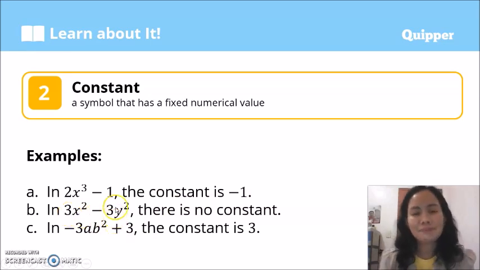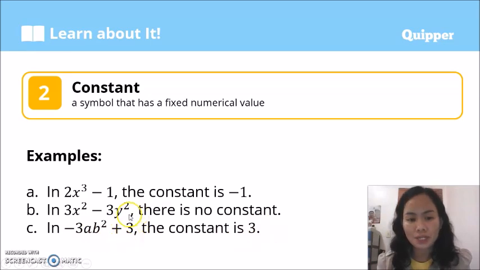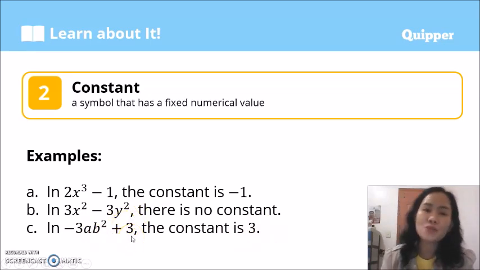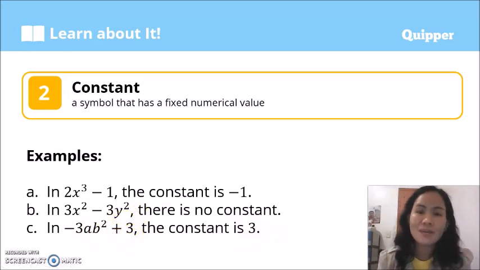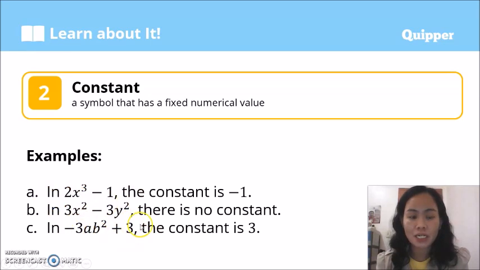Mamaya din yan. So in this particular example, we can say that there is no constant term. In negative 3ab squared plus 3, the constant is 3. Okay, ito siya. So, yung constant class, yung walang kasamang variable. So, like negative 1 and positive 3 here in example C. Okay?